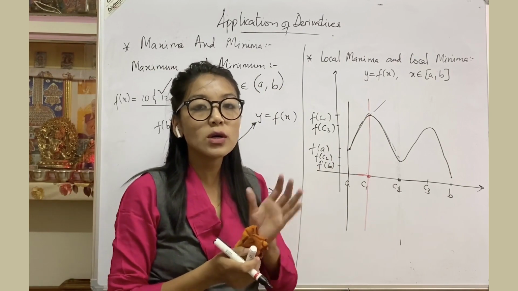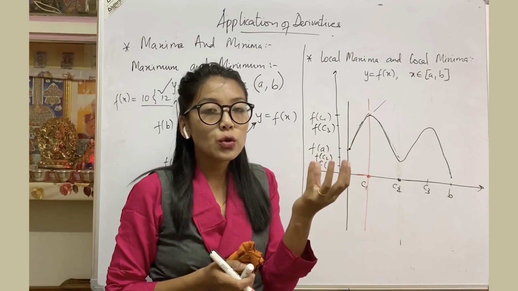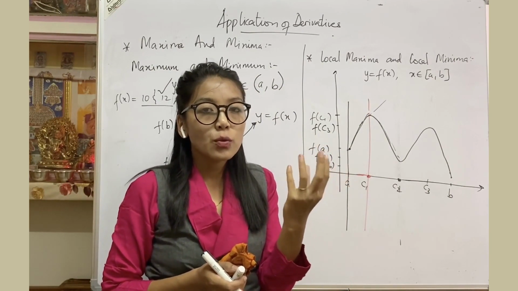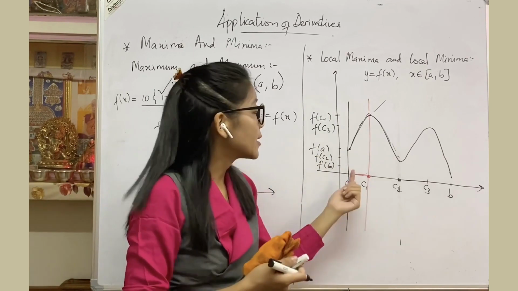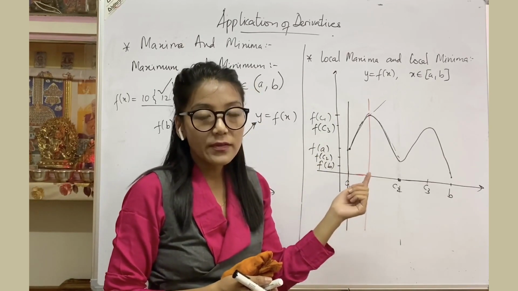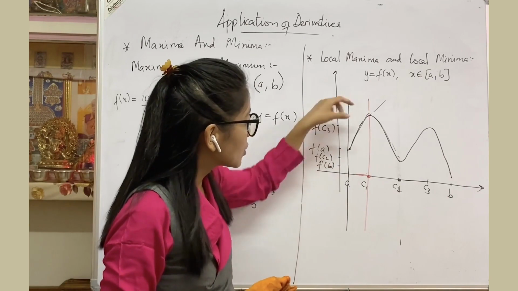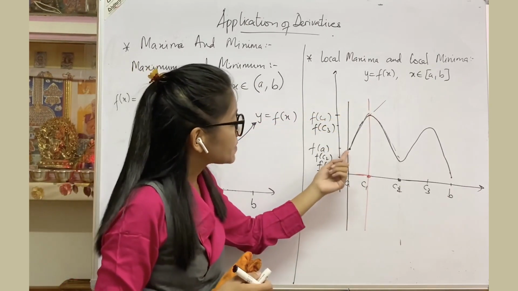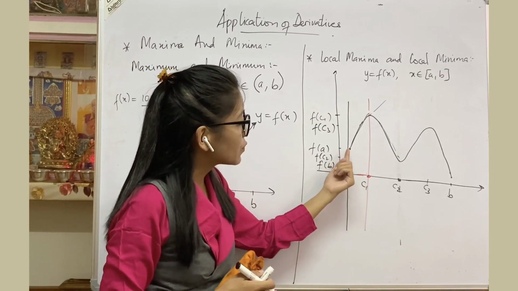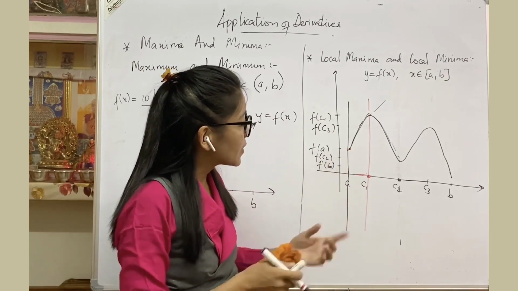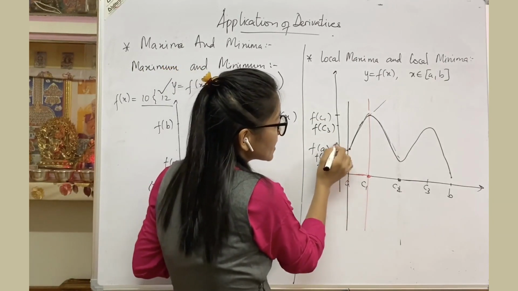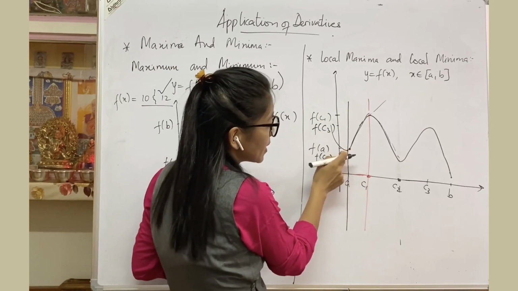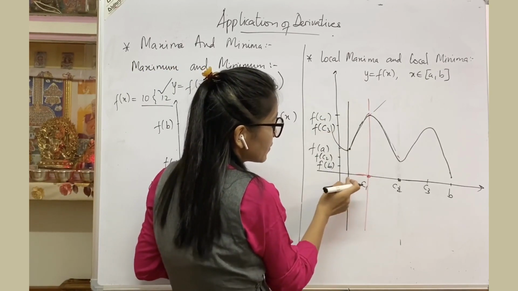So when you say local maxima, you should know the nature of the function on both the left hand side and right hand side of the point. Are you clear with that? Similarly, you cannot say that A is the local minima, right? Because you don't know the nature of the function on the left hand side of A. If it goes like this, then it is the local minima in the interval, whatever interval you have.